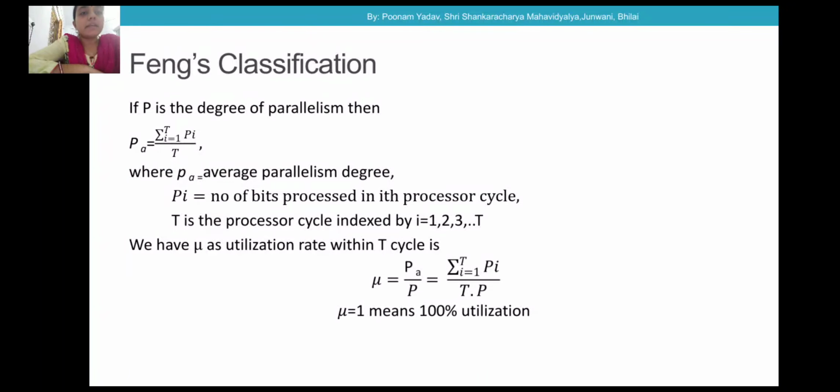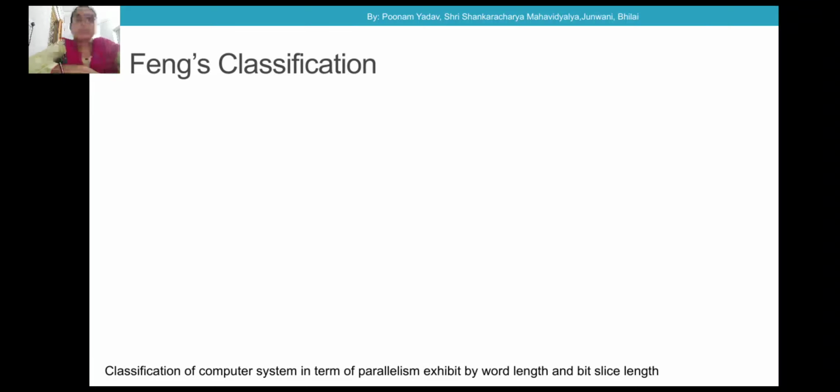So by using this relation, Fang defined the four types of classification on the basis of bit and word level. Okay, bit and word length.